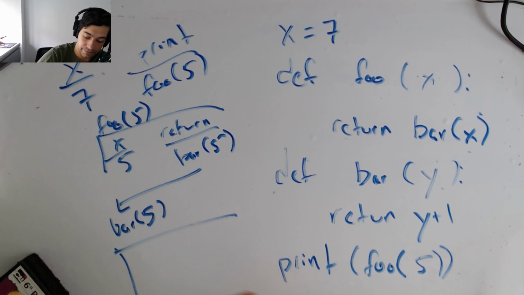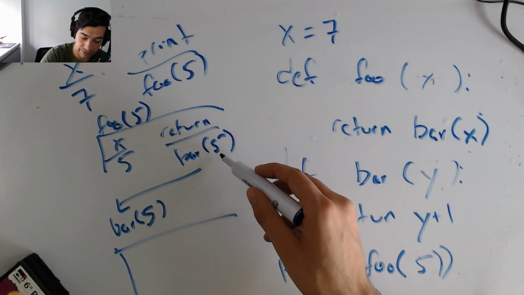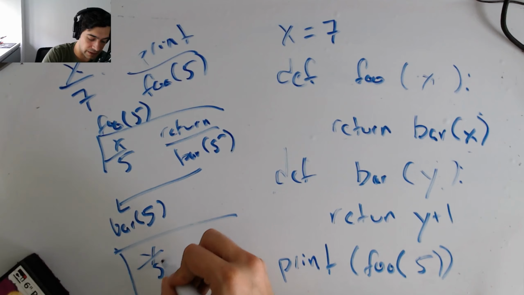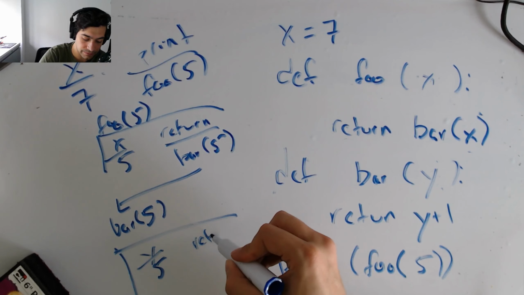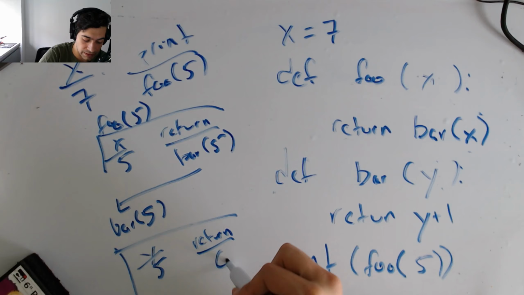Bar of 5. What does bar of 5 do? It creates a variable y that takes the value that was passed to it. So I'm going to have a y value that's 5. And I'm going to return y plus 1. So y, which is 5 plus 1, that's 6.